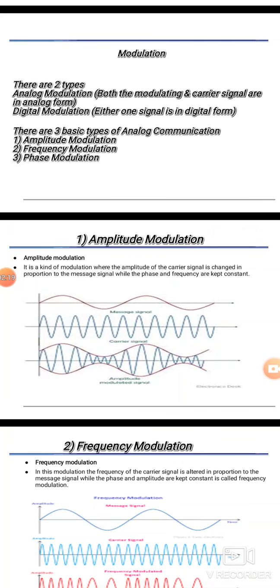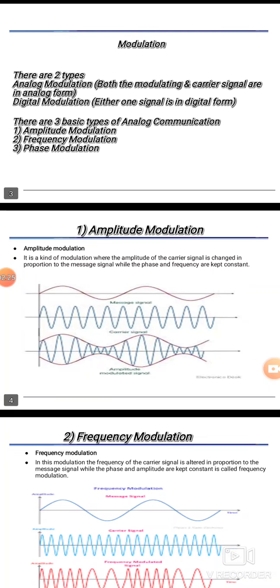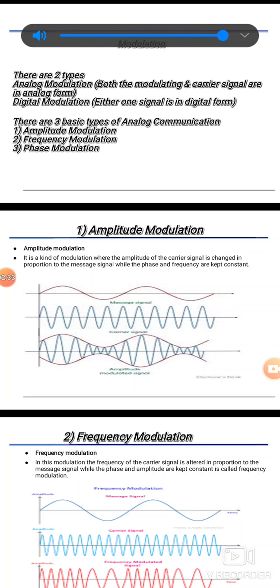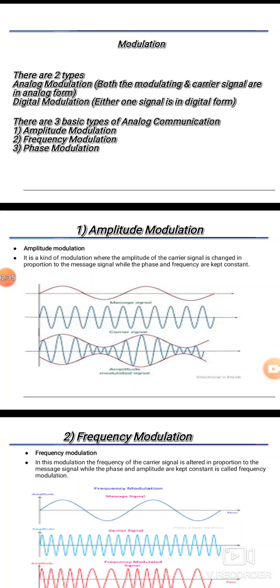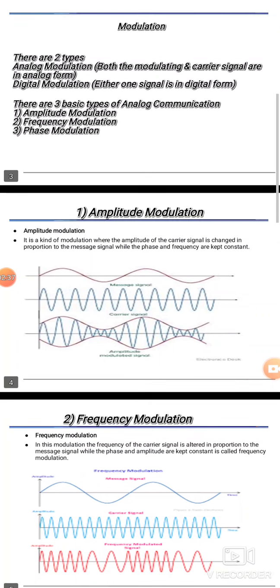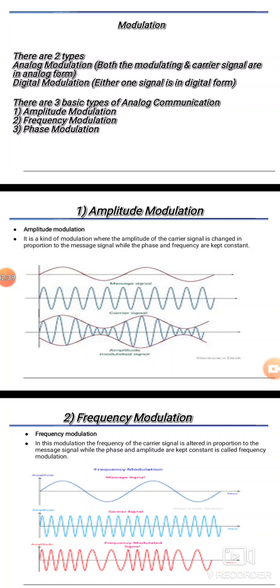If we see modulation, it is basically divided into two types. First, try to understand the different types of modulation. There are two types of modulation methods: first is analog modulation, and second is digital modulation.